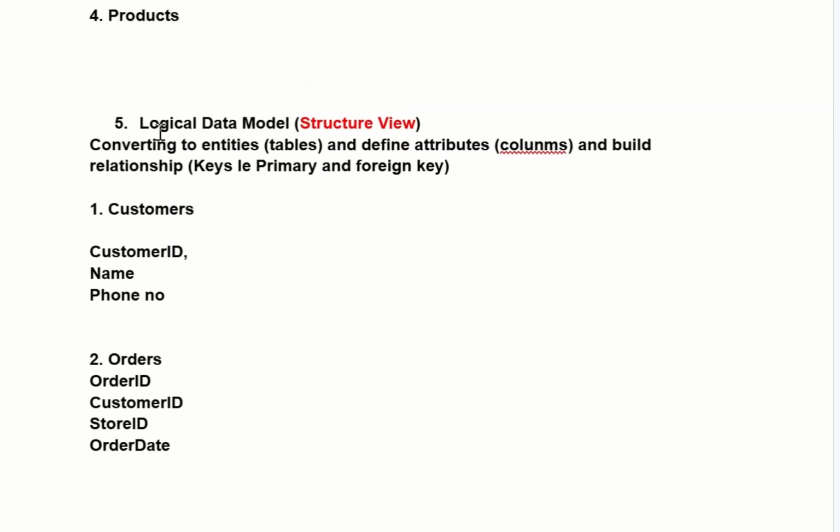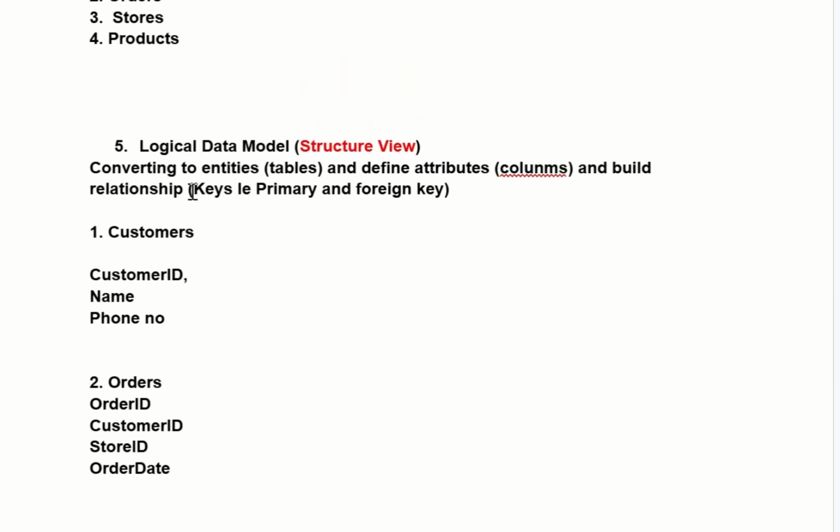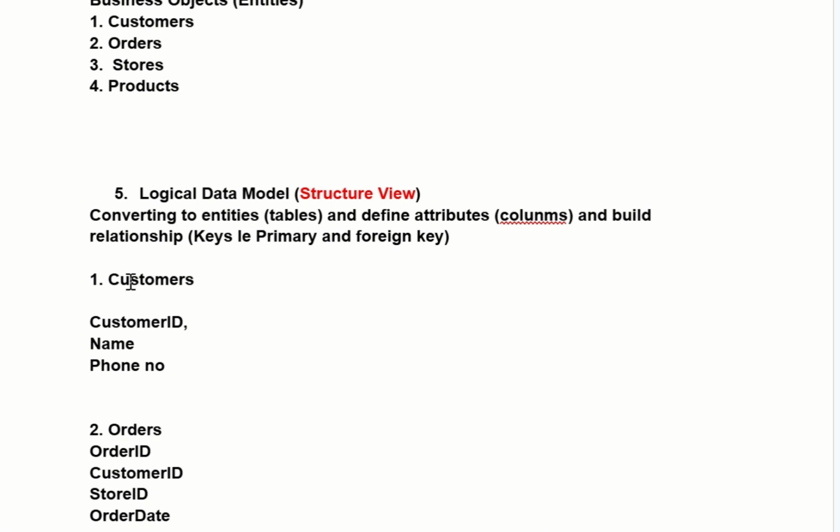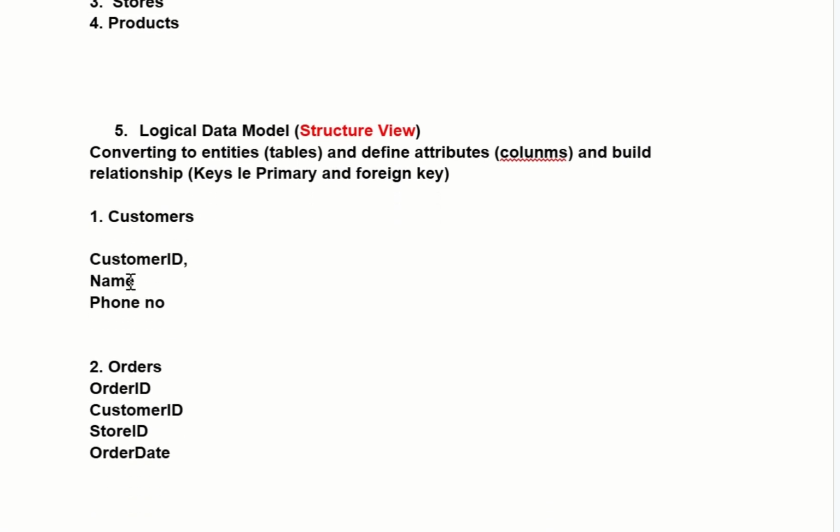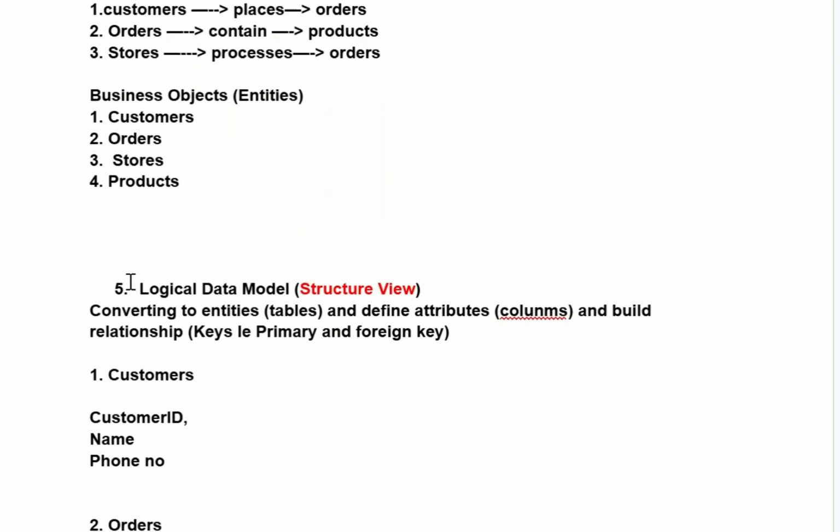Also in product we can have product name, also we can have category, also we can have price, the unit price of each product, and so on. So we have basically populated the columns of each and every entity.